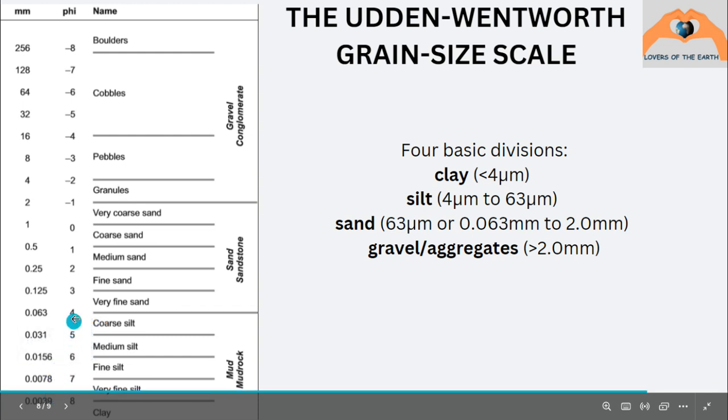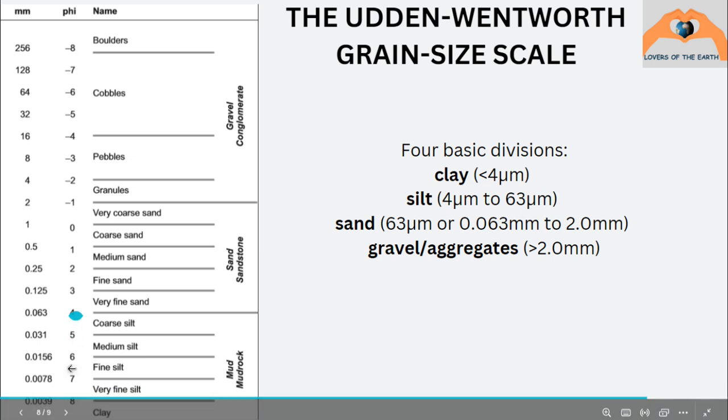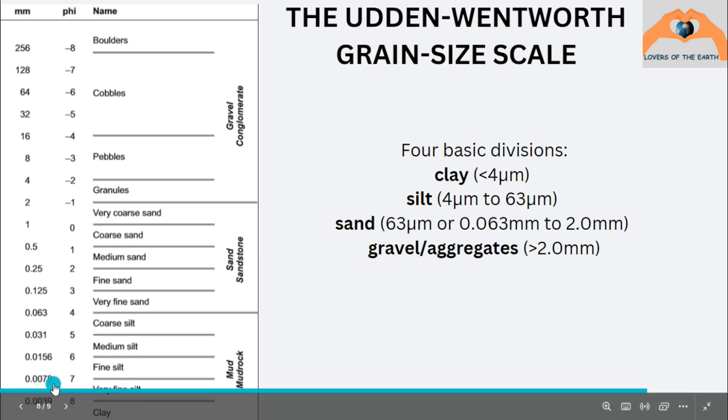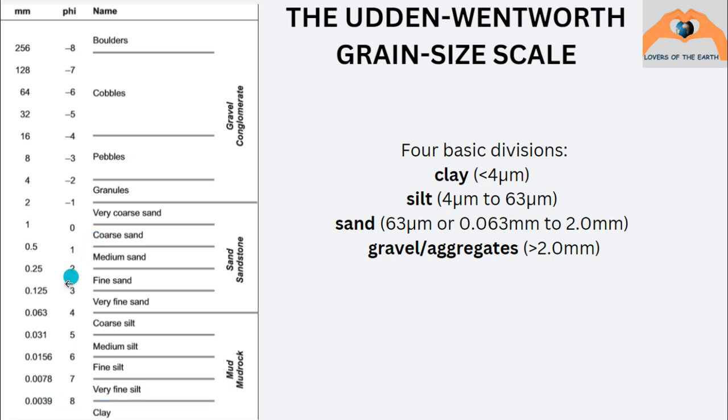Then as we go up we have silt over here, from 4 micrometers to 63 micrometers, and then we have sand which makes up this part, that is 63 micrometers to 2 mm in scale, and then we have this whole part as gravel, which is greater than 2 mm.